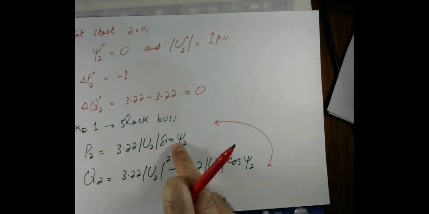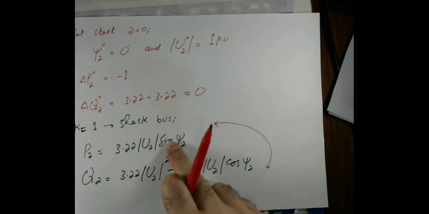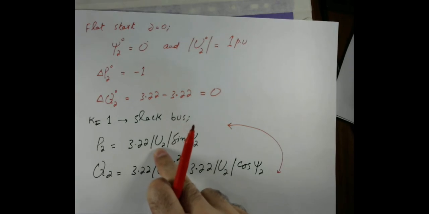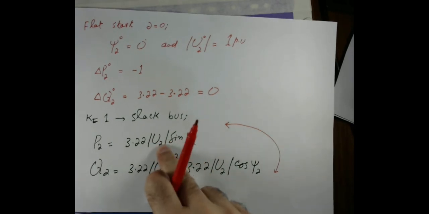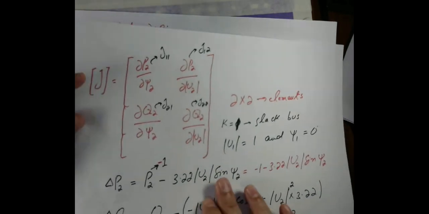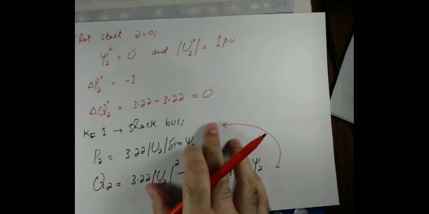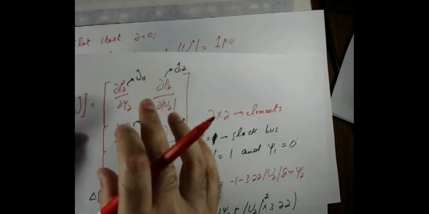If you take the derivative of this term with respect to psi 2, this term will become cos, and U2 will appear as it is. Similarly, we can write J12, which is the derivative of this expression with respect to U2. These are quite simple derivatives, but let me even write it.